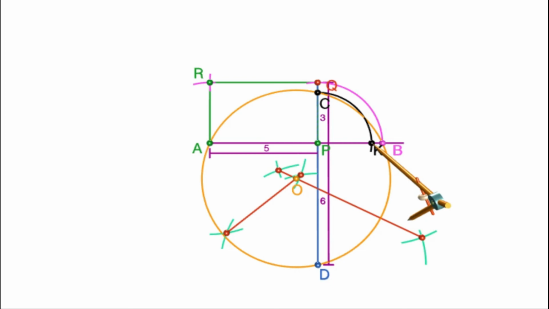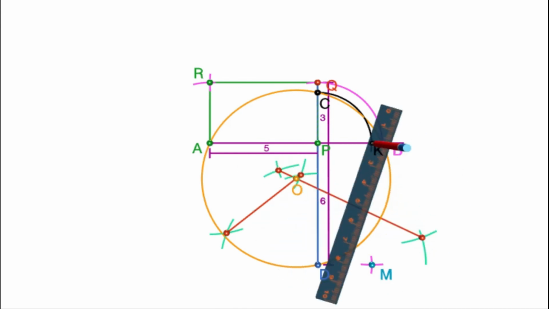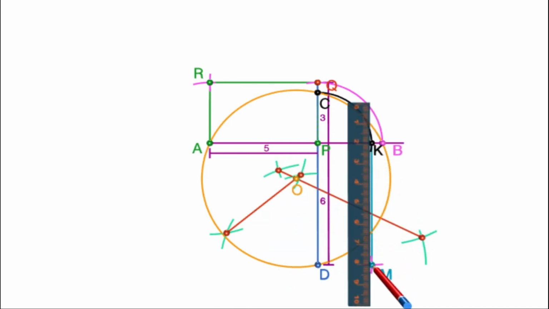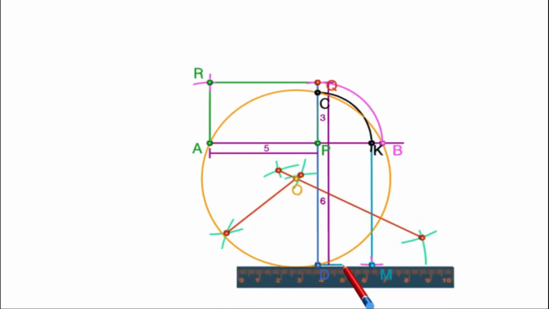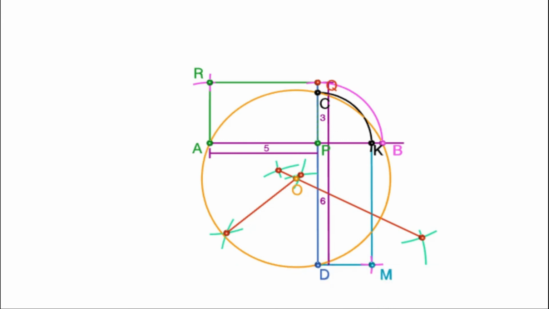Now take 6 cm in the compass and draw an arc from K. Take the distance PK in the compass and draw an arc from D. The intersecting point is the fourth vertex of the rectangle. Join KM and DM. Quadrilateral DMKP is the required quadrilateral.